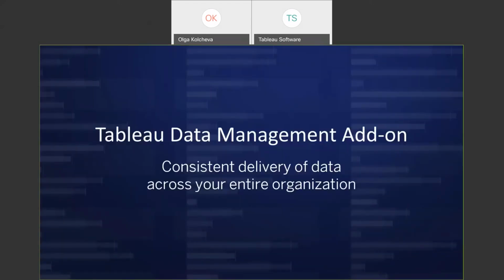Tableau Data Management Add-on allows you to consistently deliver your data across your organization, so everybody's on the same page, even if your organization is quite huge. So this is an amazing opportunity. And I'm passing the word back to JP for the Q&A session.